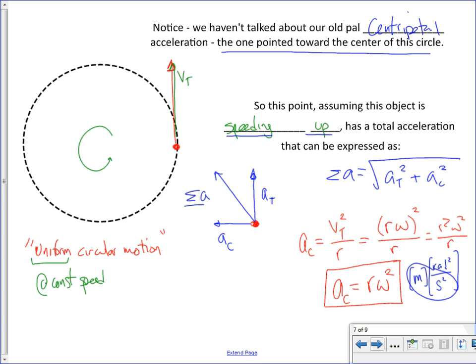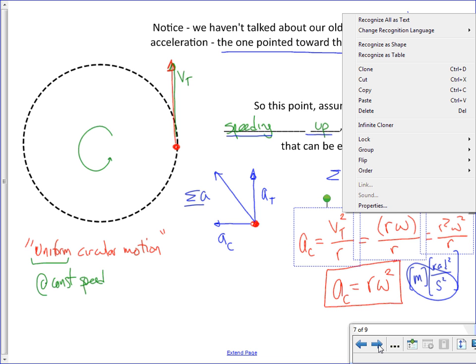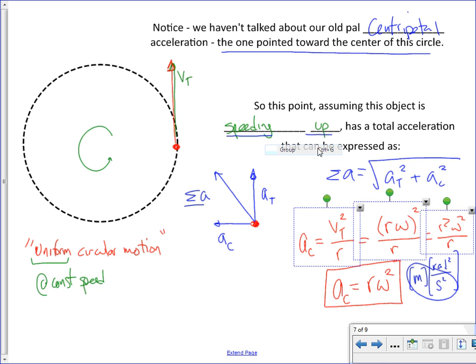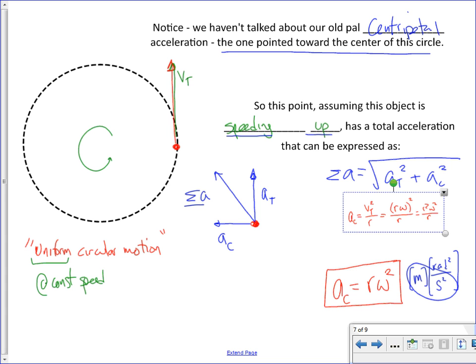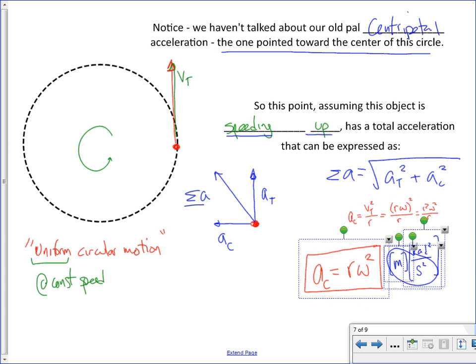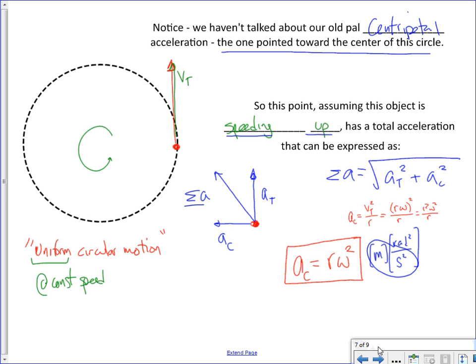So now, with this in mind, we can express the total acceleration as the square root of AT, which was R alpha, squared, plus AC squared, and AC is R omega squared.